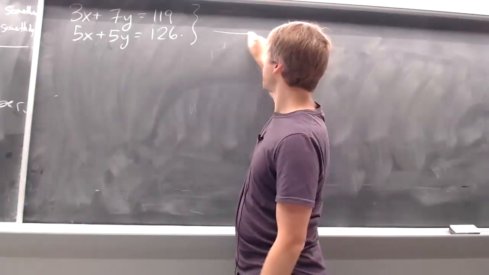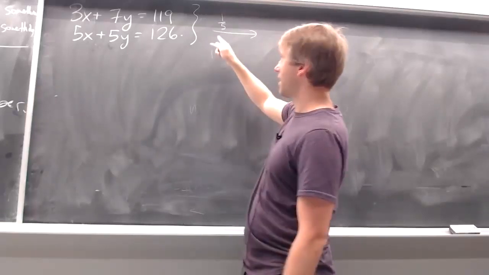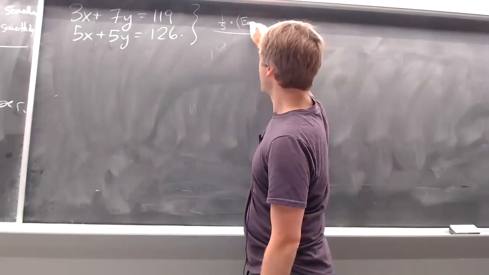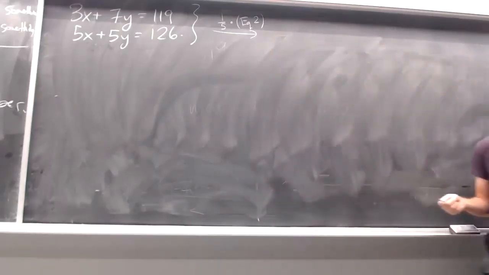So I'm going to write this by saying I'm going to multiply equation 2 by 1 over 5.